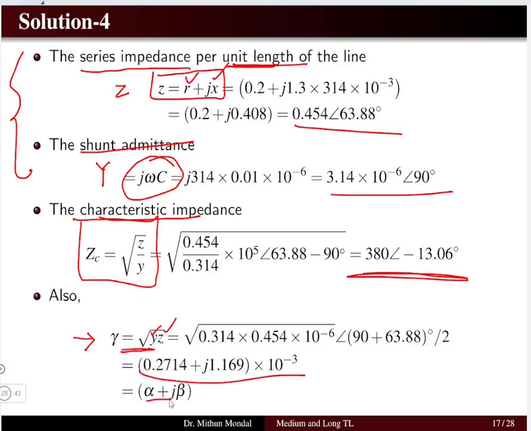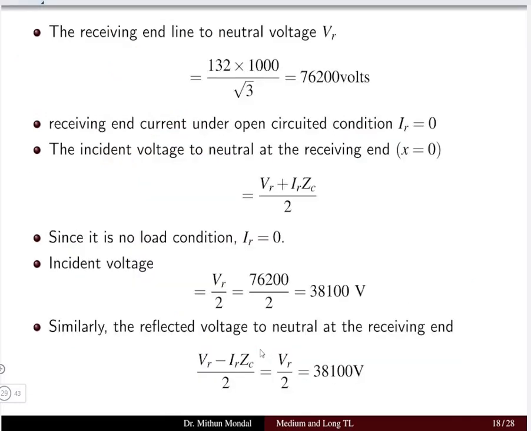We can break it up into α plus jβ, where the real part is α and the imaginary part is β. So we have already got α and jβ. Now the receiving end line to neutral voltage VR: we have been given a 132 kV system, so we divide by root 3 to convert into single phase.